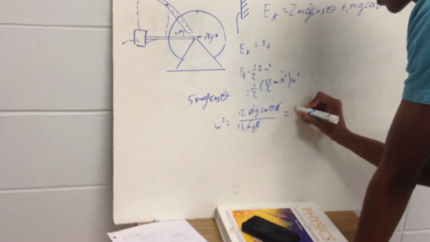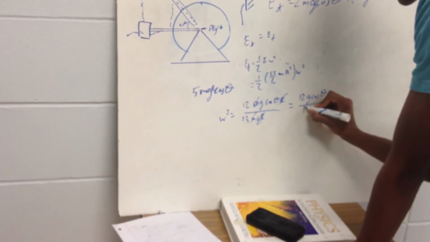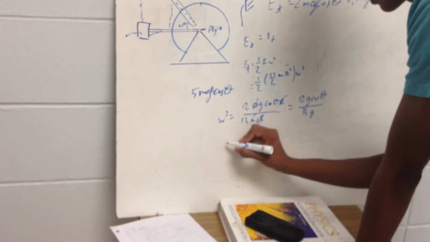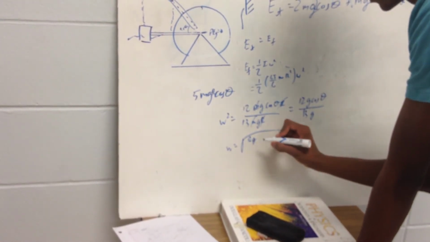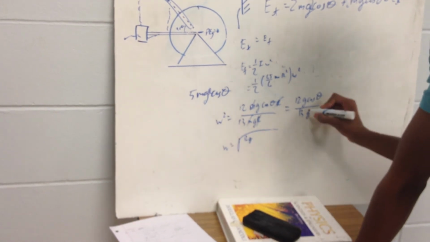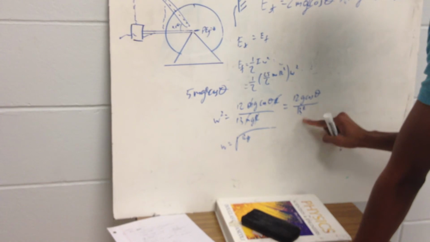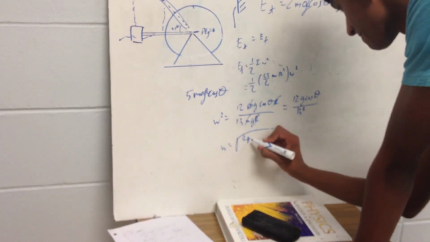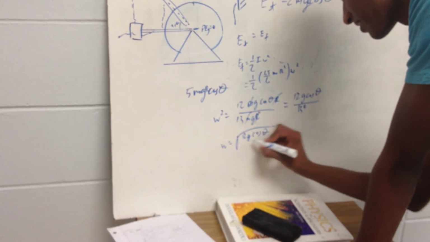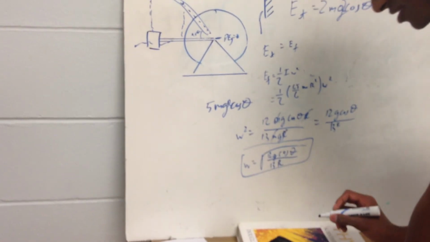And now you have w squared equals 12 g cosine theta over 13 r. So then w equals the square root of 12 g cosine theta over 13 r, and this is the angular velocity.